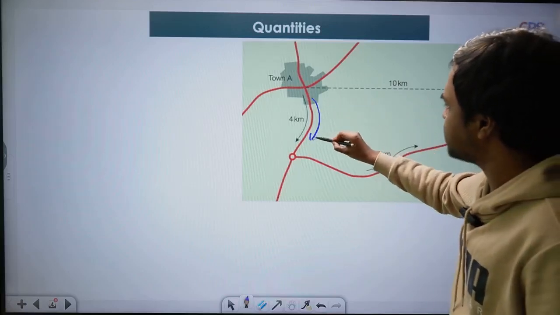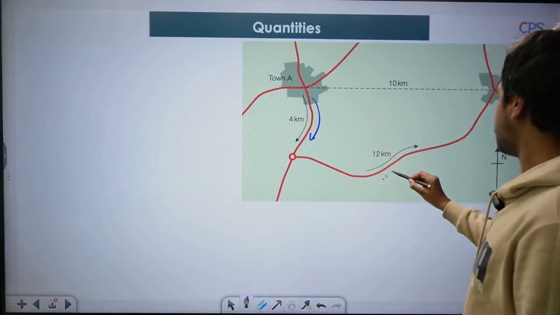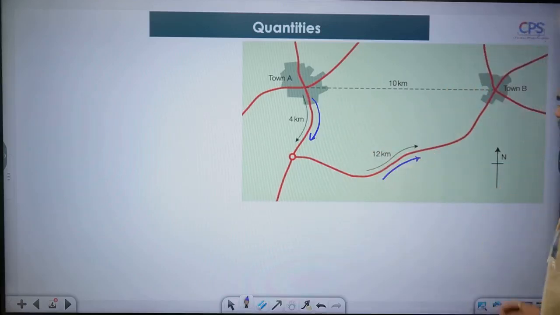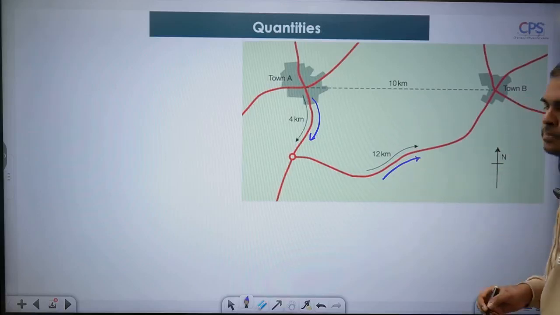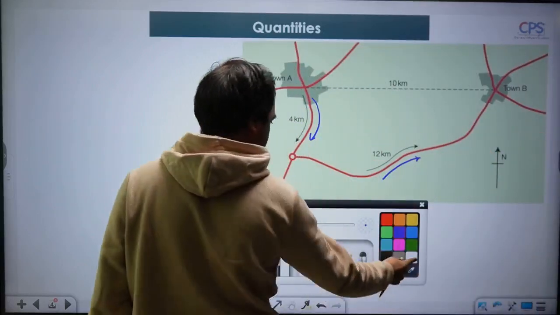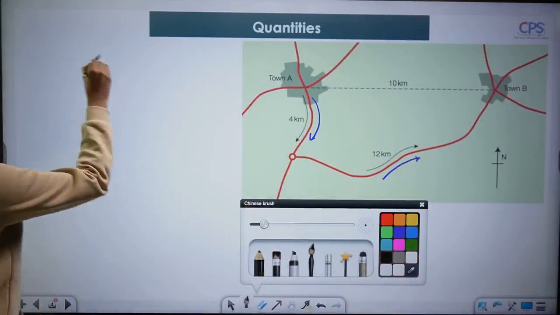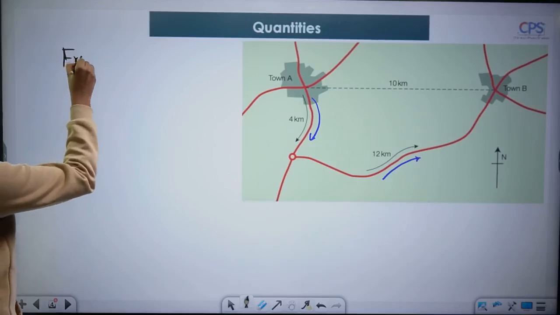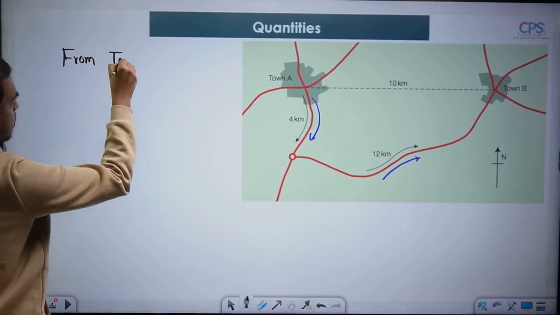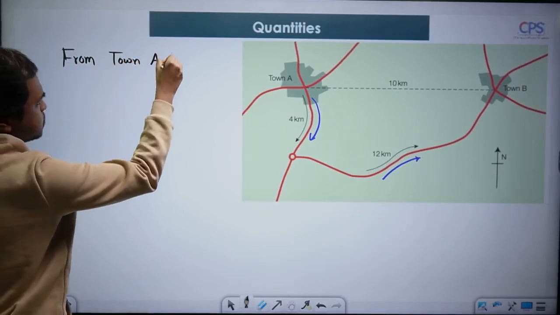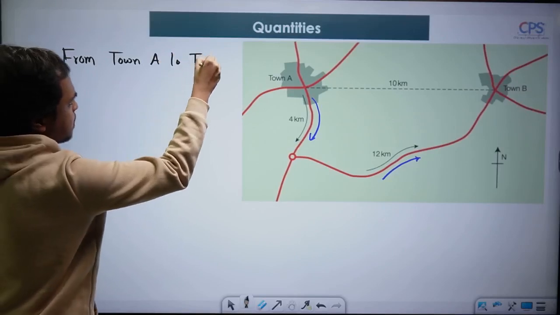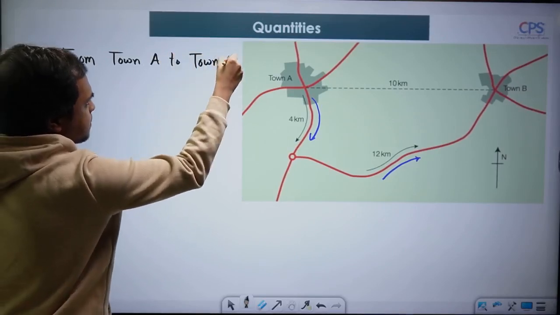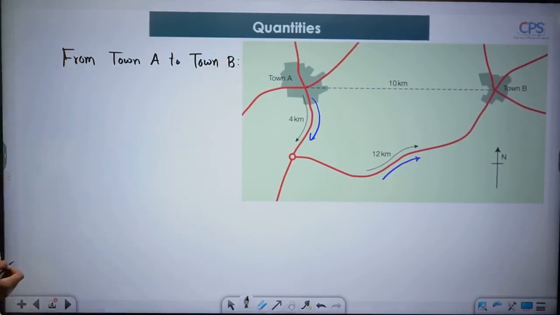This is 4 kilometers, it's given, and you can go this path is 12 and you can arrive at town B. So from whatever we can tell from the figure, from town A to town B, what's the total displacement here or the distance here?